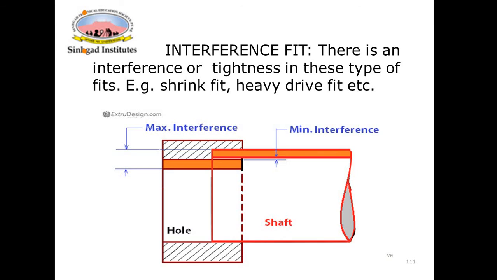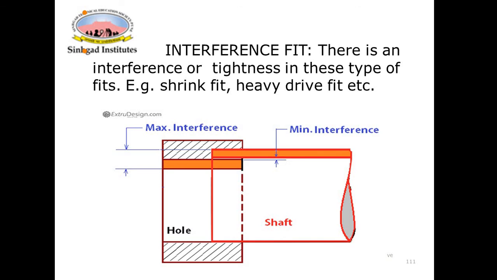So this difference is actually negative. You have to subtract the size of the shaft from the size of the hole. So here this difference is negative. That's why, if this difference is negative, it is called an interference. This difference is the minimum difference, isn't it? So that's why it is called the minimum interference.